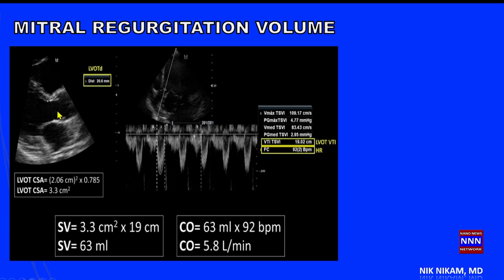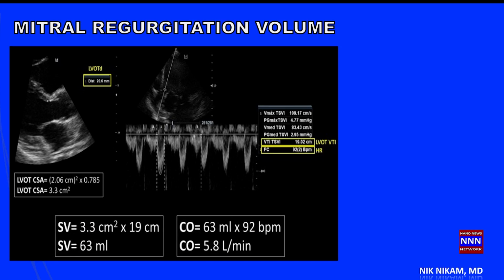If the diameter is 2.06 centimeters, keep it in centimeters, times pi r squared, or 0.785 times the diameter squared, you get the cross-sectional area of 3.3 centimeters squared. Multiply that by 19, it gives a stroke volume of 63 ml. Combine that with the heart rate, it will give you a cardiac output.